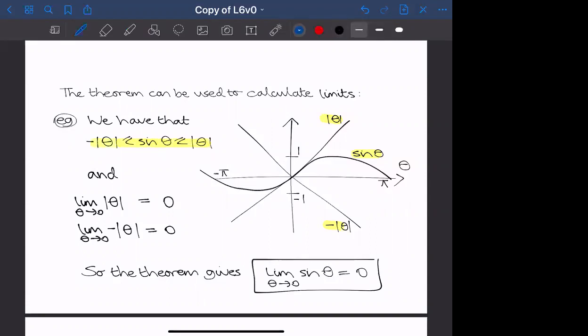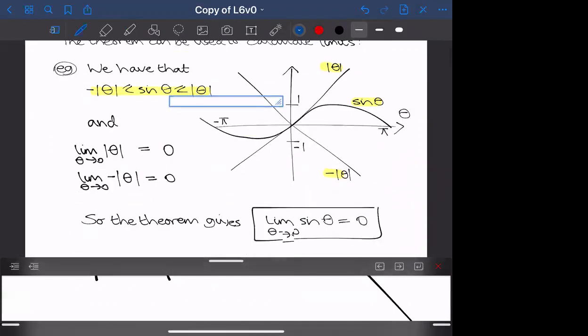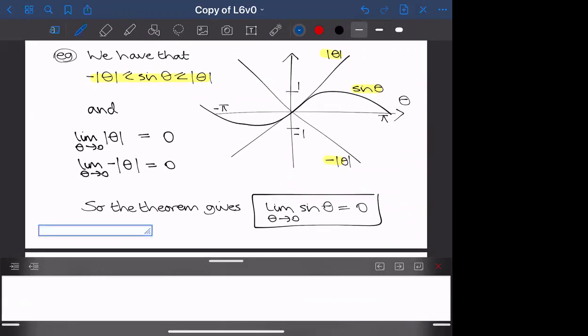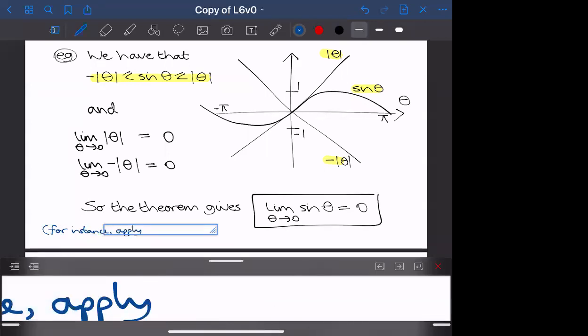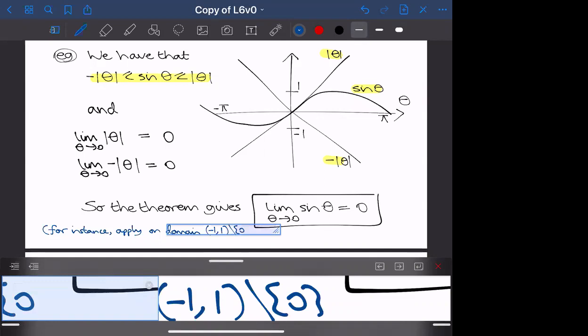Okay, so I just want to make a note on how to actually apply what we wrote on the last slide. So the theorem goes, for instance, we can apply the theorem on the domain -1 to 1 with 0 removed.